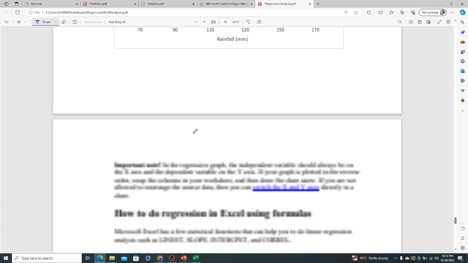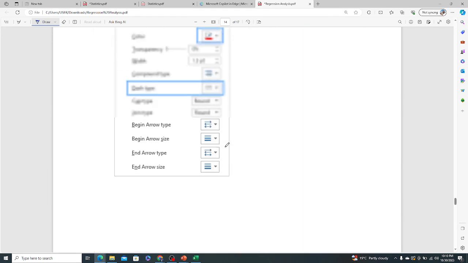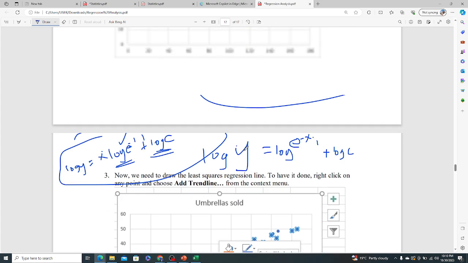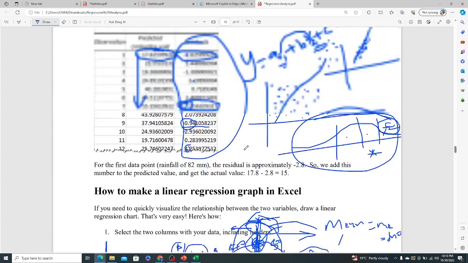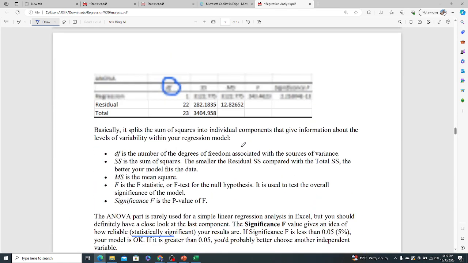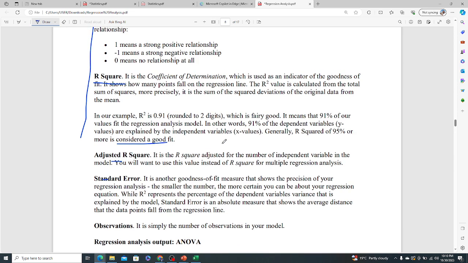But what I know is that if the coefficient of determination is less than 0.8, then you will have to find another independent variable.